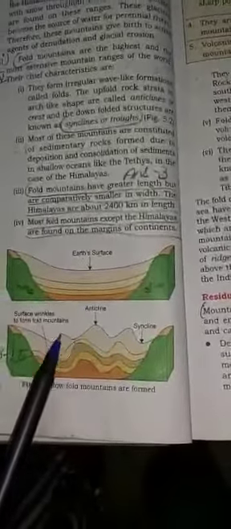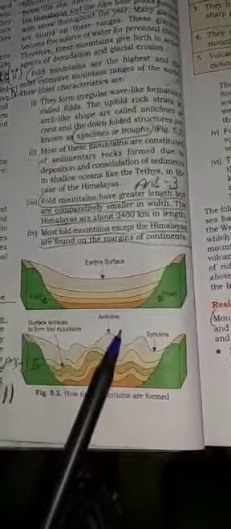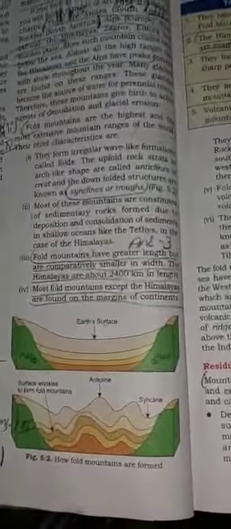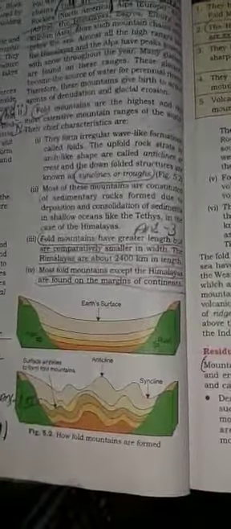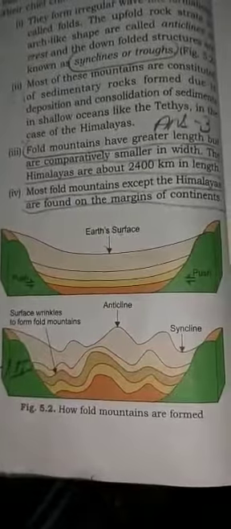You have seen in the diagram they show the irregular waves. Some waves are high and some are low, so they are irregular. This is the formation of fold, upfold and downfold, that I have already explained to you. The upfold is called anticline and the lower fold is called syncline.